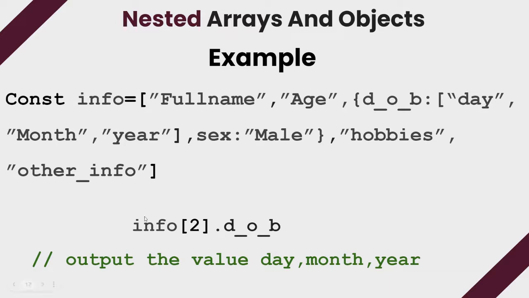So for this syntax we have here, info with square brackets 2, it will actually reference the entire object. But then we have dot d underscore o underscore b. So this is the object referencing method here, one of them, and this would actually reference the entire array we have within this method, which is day, month, and year.